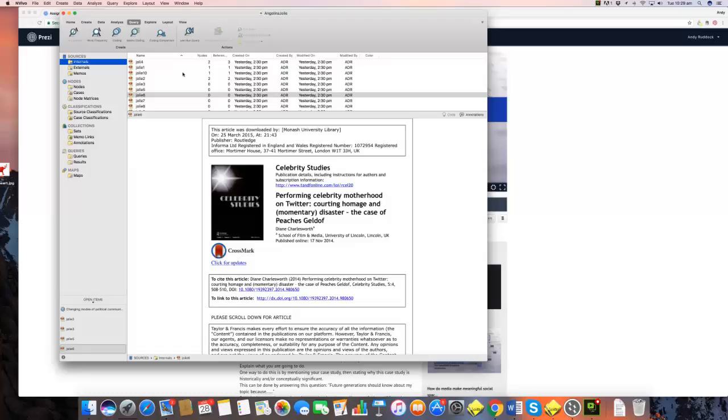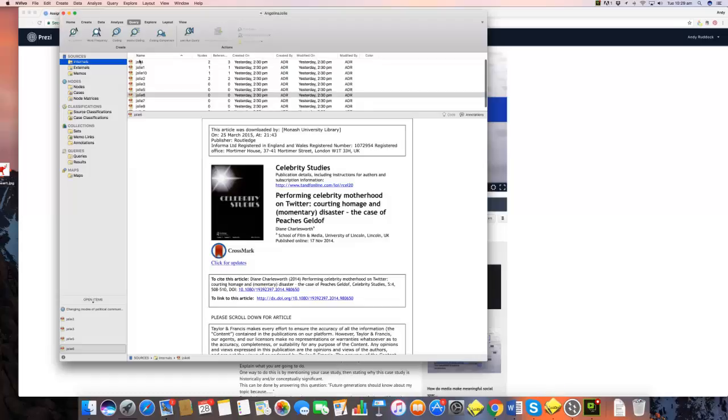But that's not really enough, because the other thing that you need to do is say, well, what is it about Angelina Jolie? Or more particularly, what ideas have people developed in relationship to Angelina Jolie that tell us interesting things about why celebrity is deemed to have such an impact on global culture?